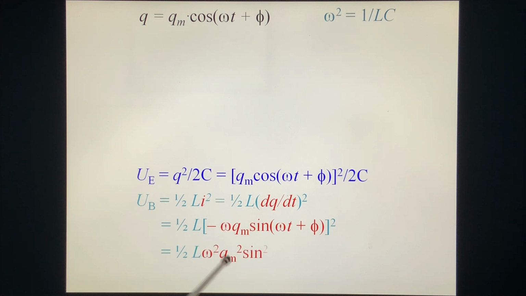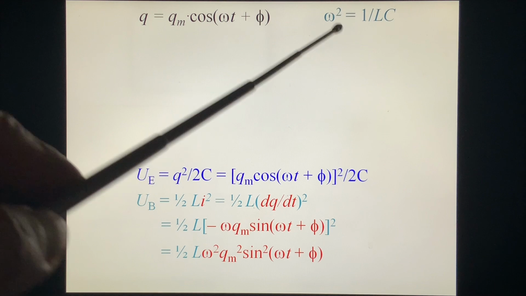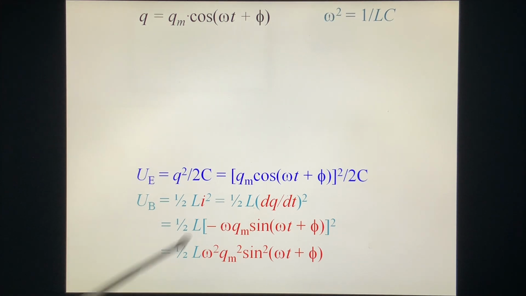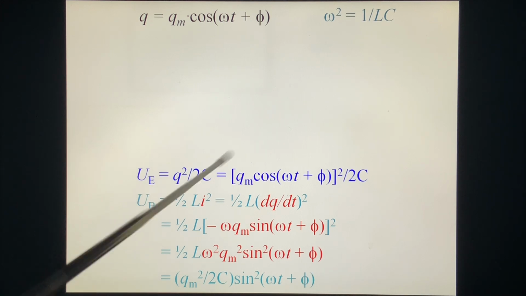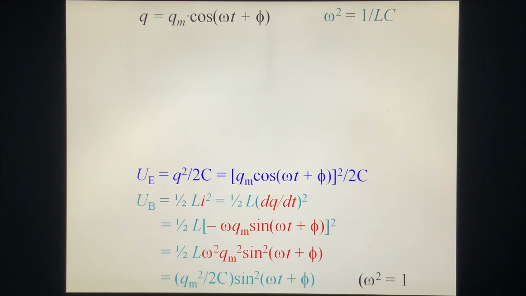This is omega squared Q squared times L over 2. And we see omega squared times L is 1 over C, so this is Q squared over 2C times sine squared. Then we plot them.